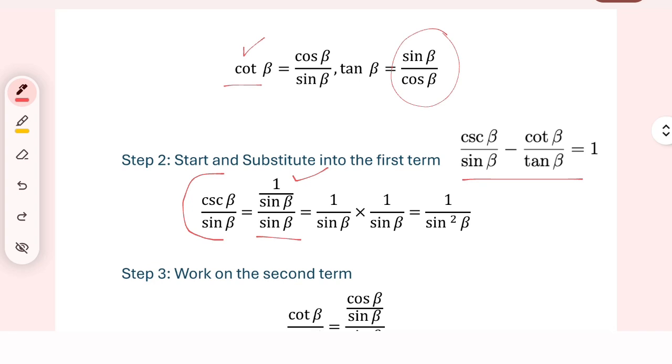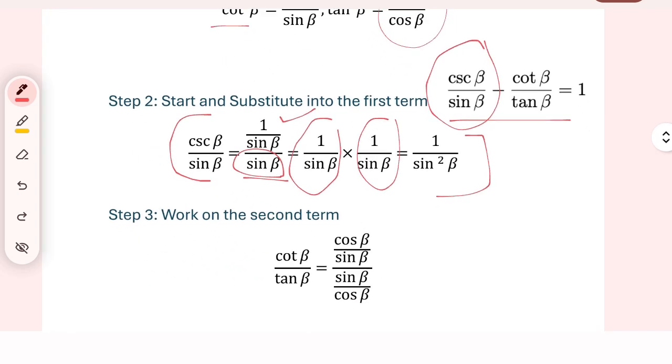Or we can have it as 1 over sine beta divided by sine beta over 1. Remember, that's still a fraction. Then we flip it, so it would be 1 over sine times 1 over sine, equal to 1 over sine square.